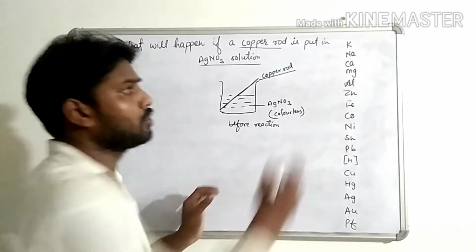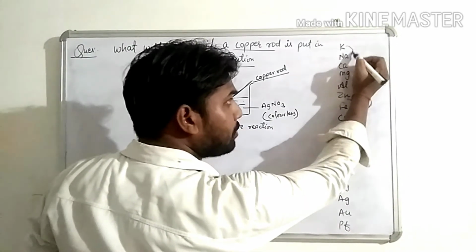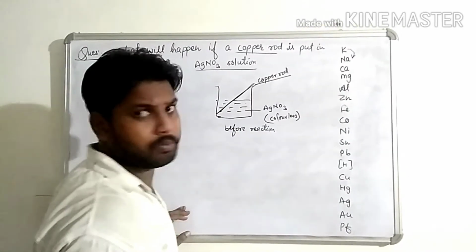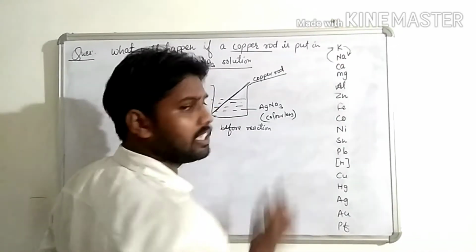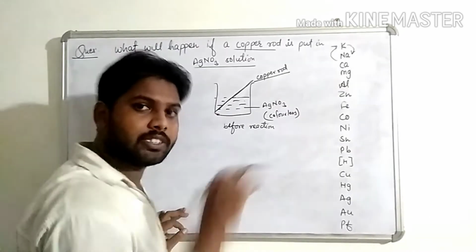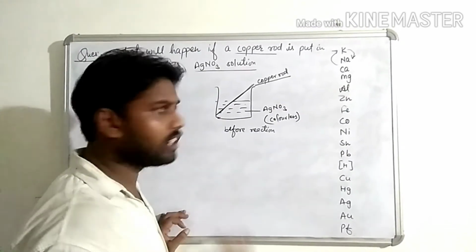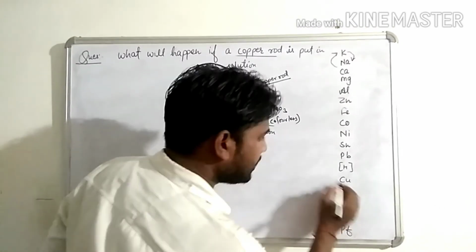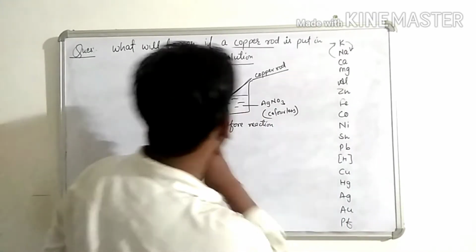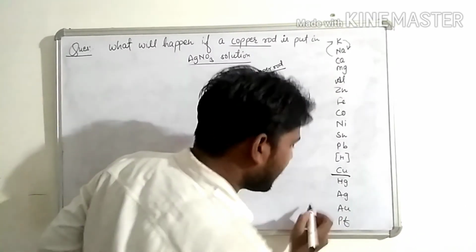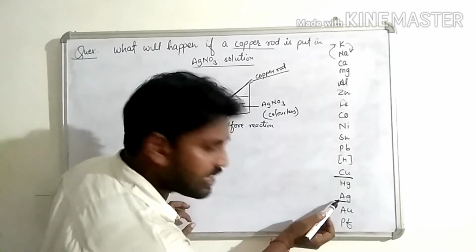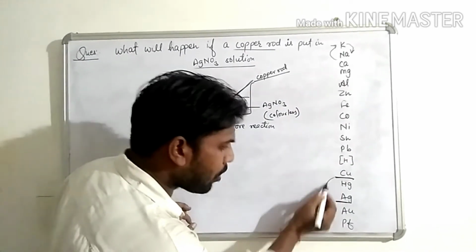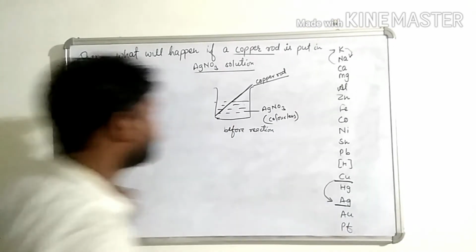It means potassium can displace sodium from its salt solution, but sodium cannot displace potassium from its salt solution. Clear, children? Now, this is the position of copper and this is the position of silver. Copper is above silver. So, children, copper can displace silver.